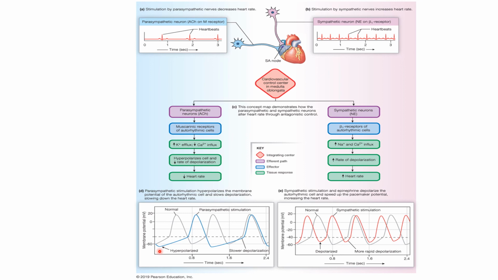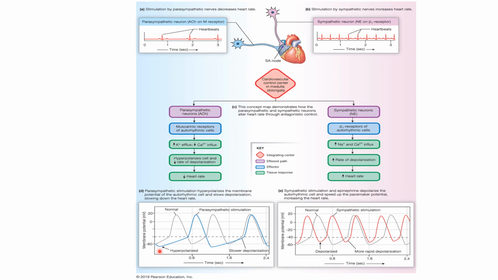And the reason why it's starting lower and becoming more negative is that acetylcholine increased the rush of potassium out of your cell, making your cell more and more negative. How is that going to affect the action potential?